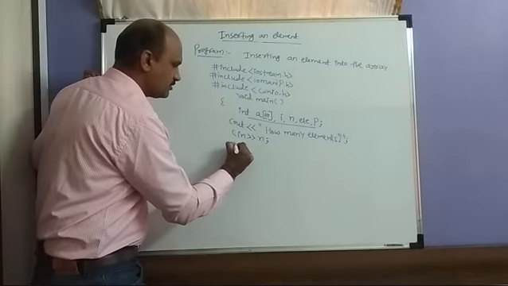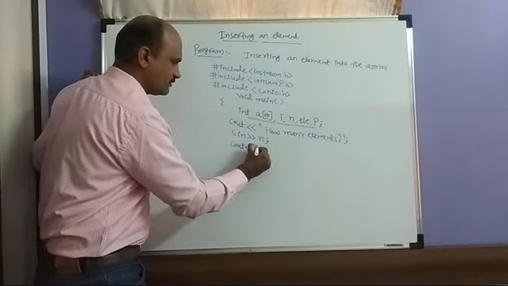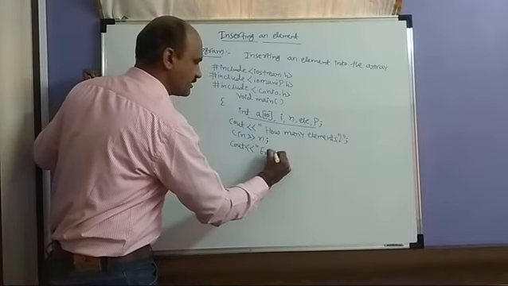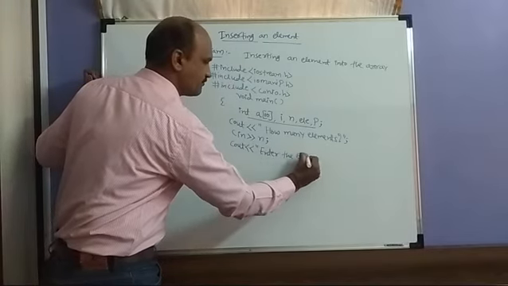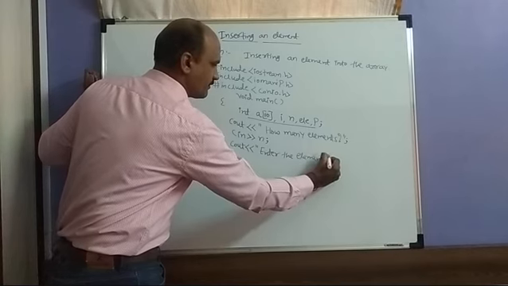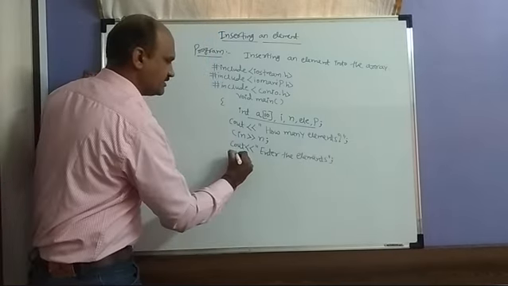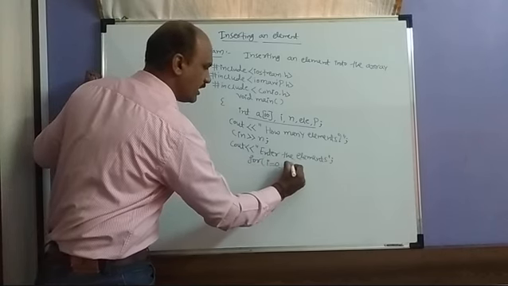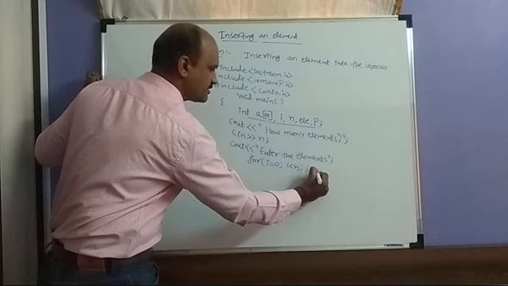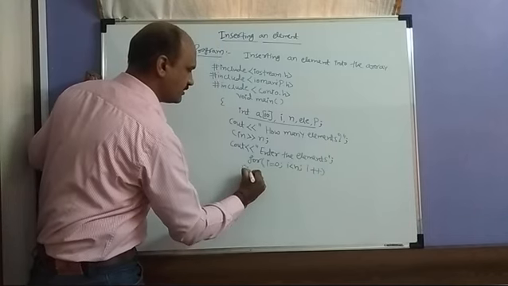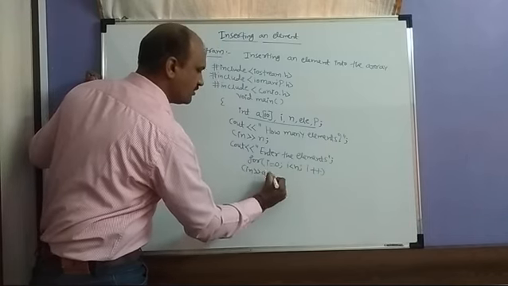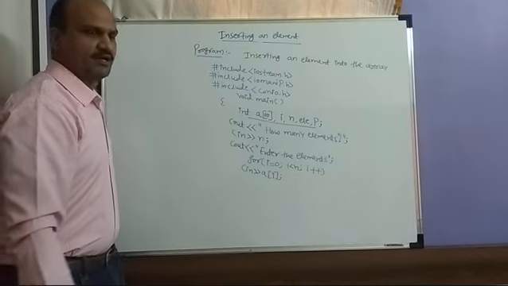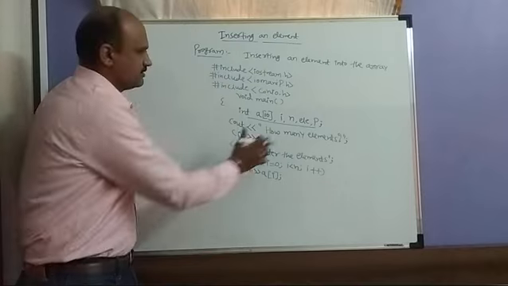Then cout, what you have to do? You have to enter the elements. All elements should be read. Enter the elements. These elements should be read. That is a for loop for all the elements: I is equal to 0, I less than n, I plus plus. Then cin A of I, for however many elements you are given. All the elements should be read into the array for the particular list.